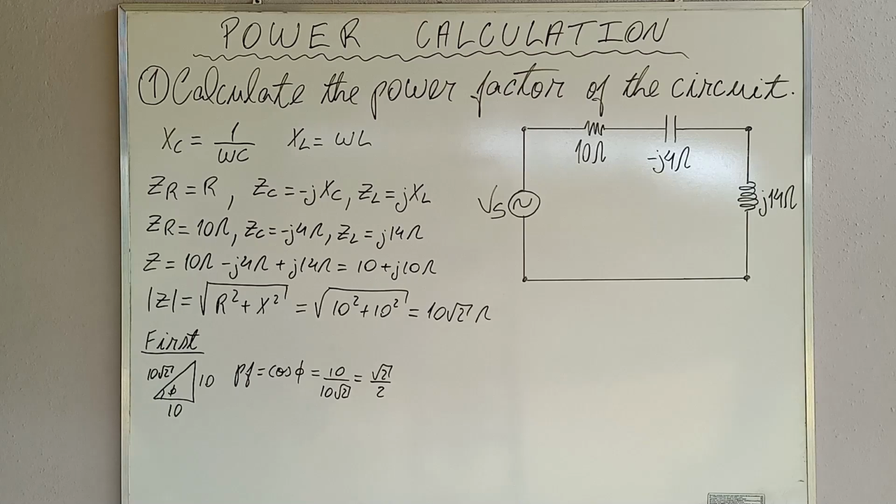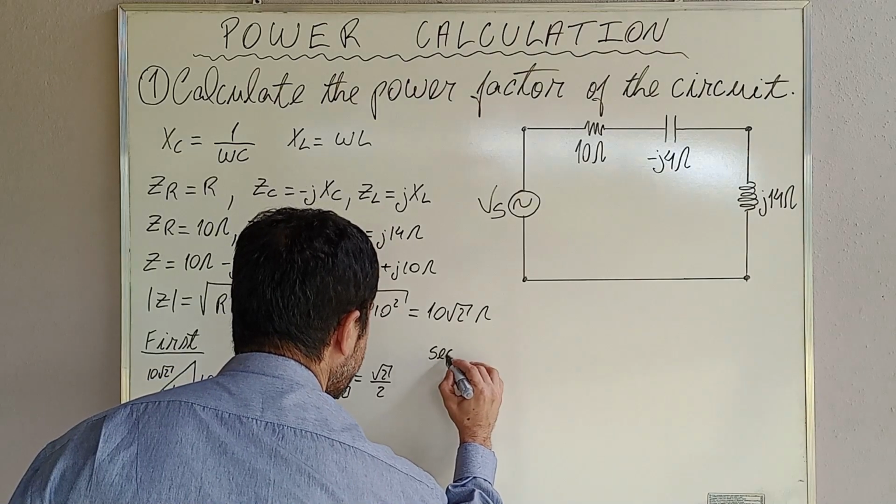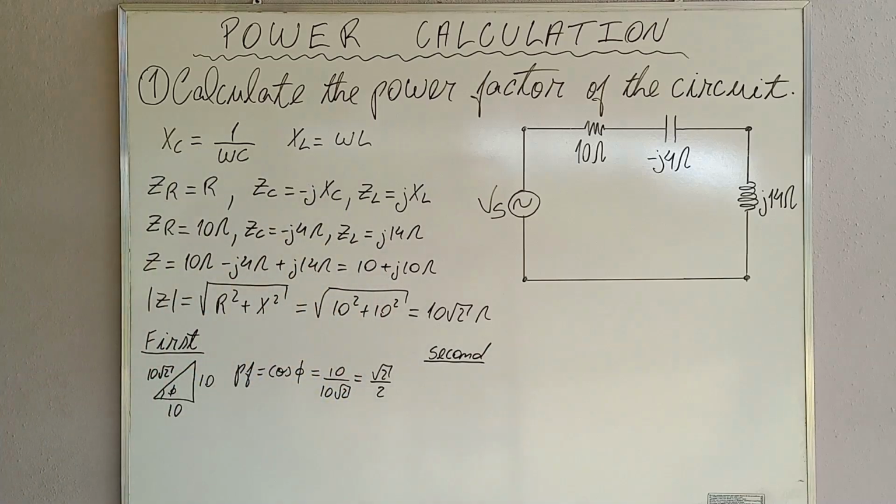Now let's go to the second method of calculating the power factor. The angle phi is also the phase angle between the voltage and the current, and can be calculated as follows.